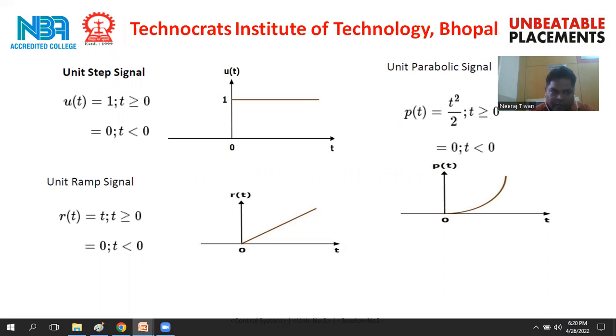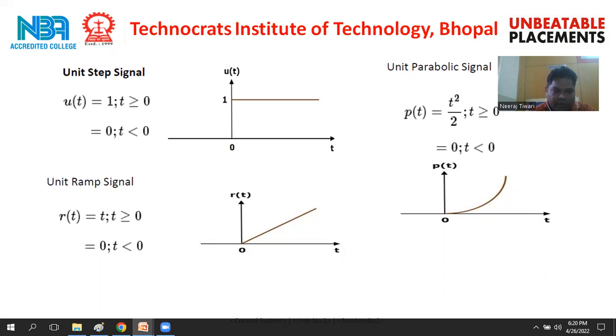The amplitude of the unit step signal is a constant. And when 0 is greater than t, then u(t) is equal to 0. So it is not valid for negative values of time t.